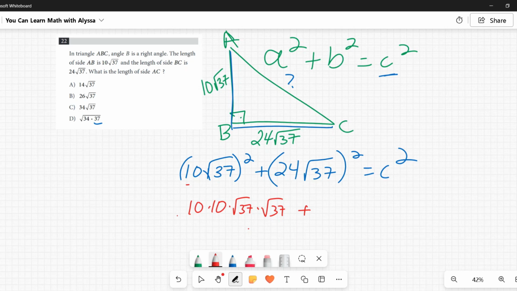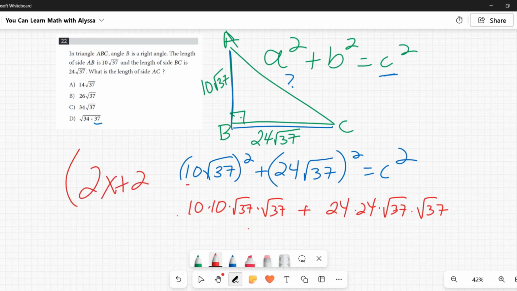And then we have 24 times square root of 37 times square root of 37. And just like if I had like 2x plus 2b, I could say, oh, 2 goes into both of those. I can pull it out. 2 times x plus b. I've pulled out a factor of both of those. I can do the same thing here.